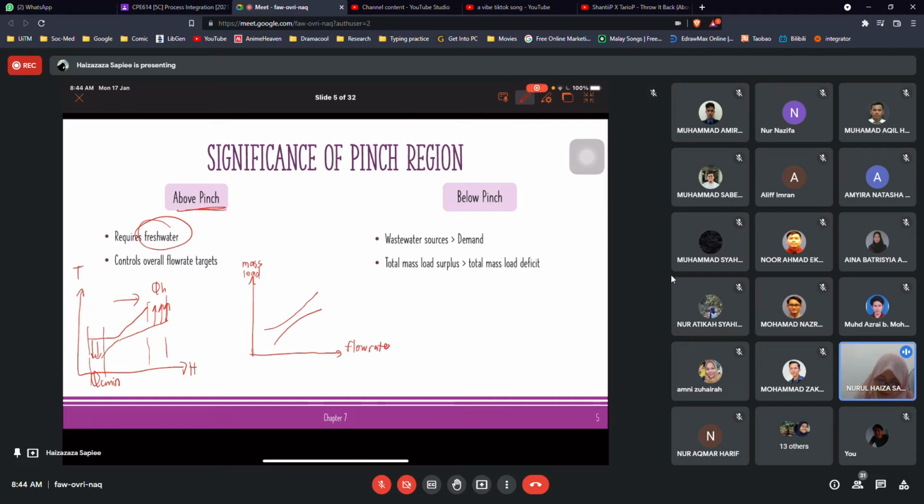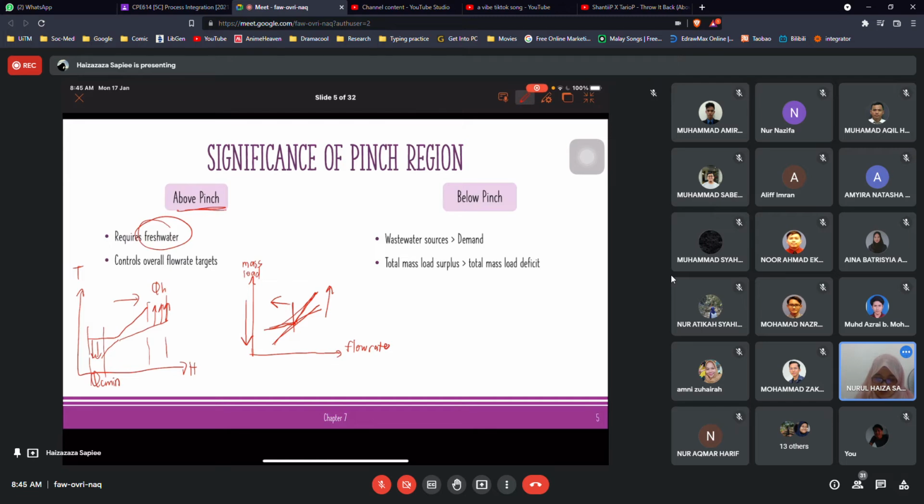So bila kita dapat dekat sini, when we have a pinch region kat sini, so sebenarnya dia akan sentuh. Okay saya tak ada lukis sangat. Tapi basically you would have kat bawah ni, meaning the mass load is very low. Therefore, it would require cleaning. Whereas dekat atas ni, terbalik je.